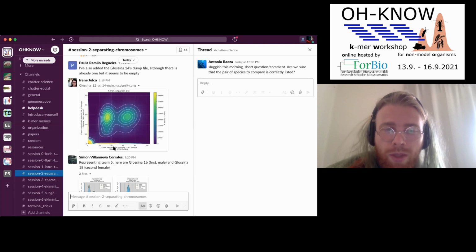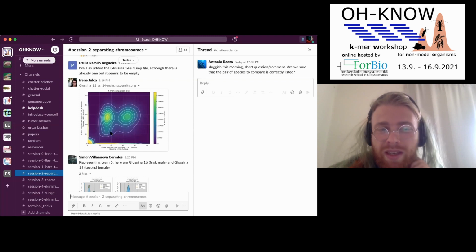So would somebody advise me on what cuts they would choose to select the X specific gametes from the individual samples?